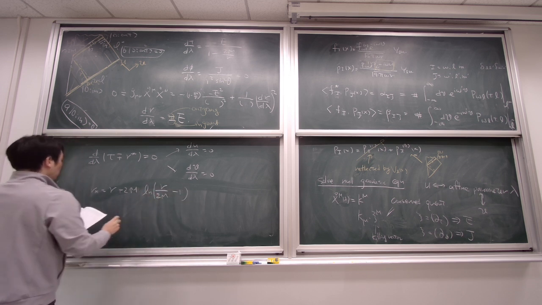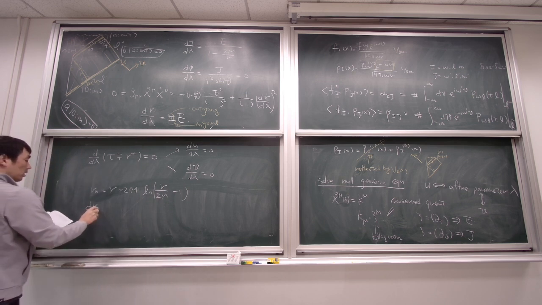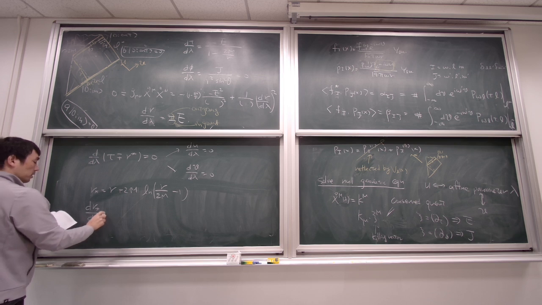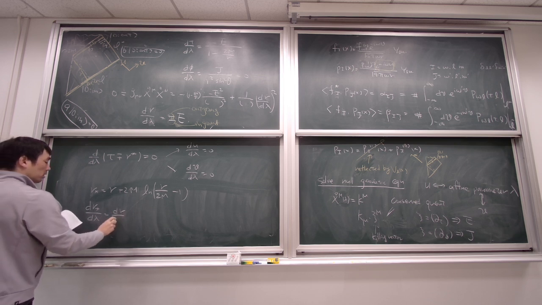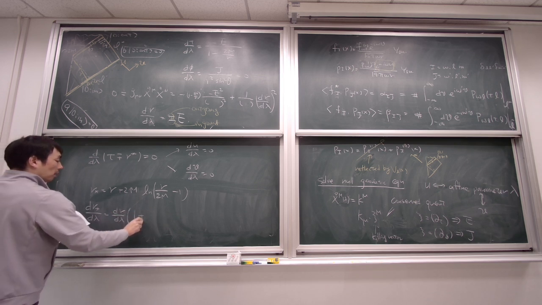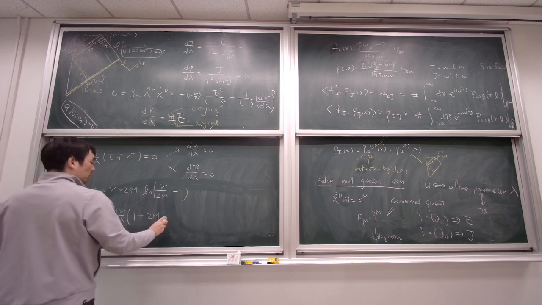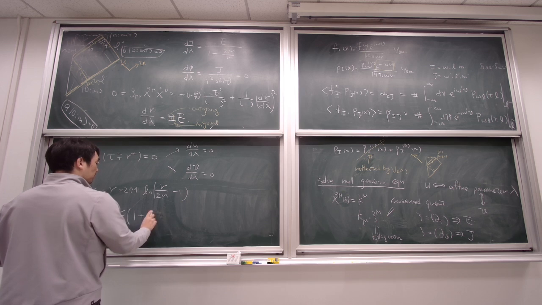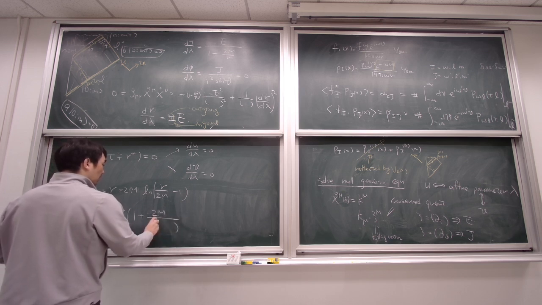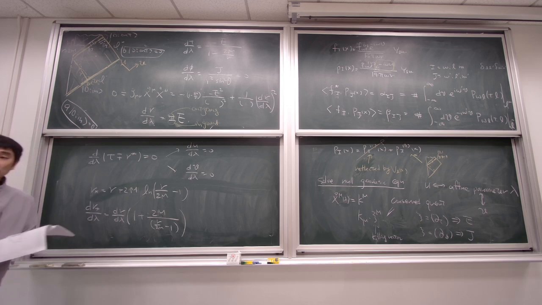Therefore, dr star over d lambda is equal to dr over d lambda times (1 plus 2m over (r minus 2m)).